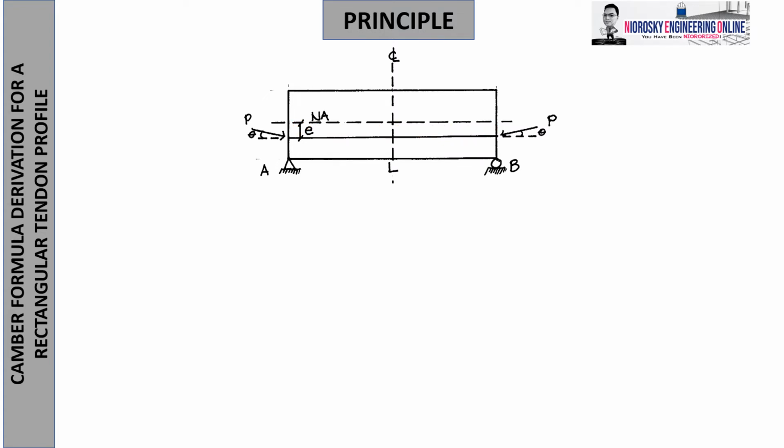And E describes the eccentricity, the same eccentricity as discussed in my past video lectures. I always measure from the tendon profile up to the neutral axis. The neutral axis depends on the cross-sectional area in question. Okay?